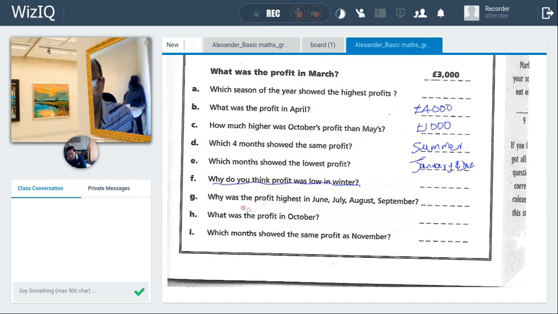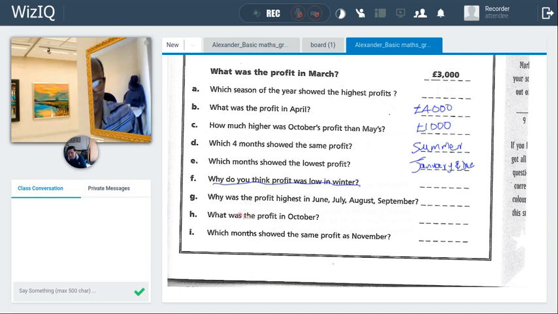In winter it's because it's colder. So don't go to summer. The question is asking about winter. What happens in winter? Do you understand the question?